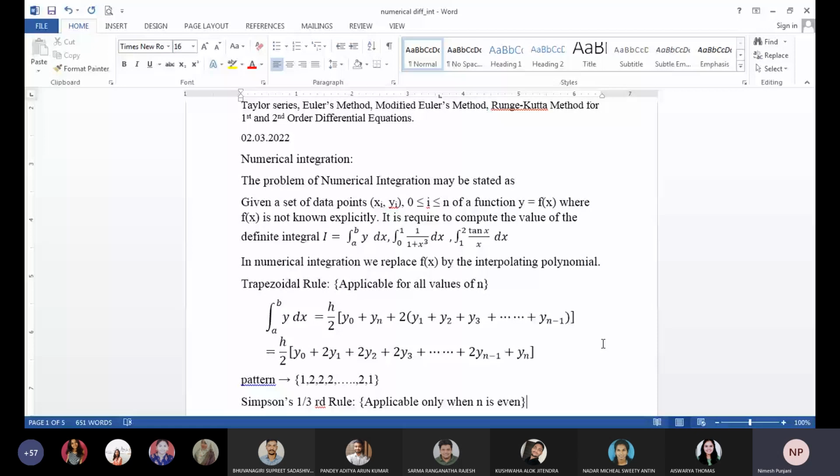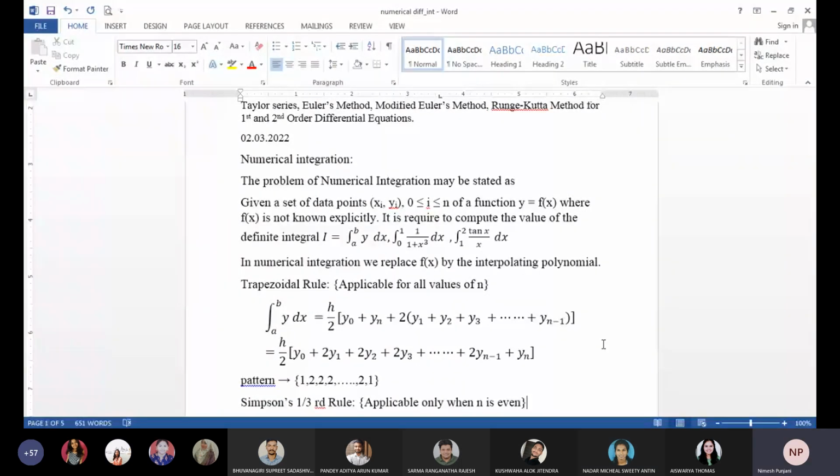You can see in the second formula, what is the coefficient of y0? One, right?